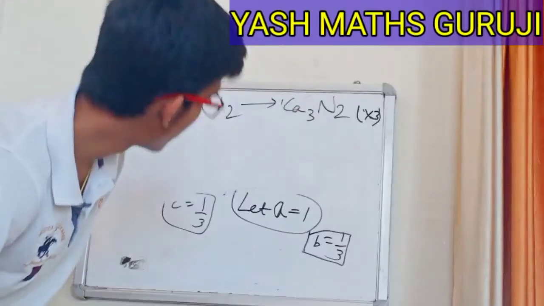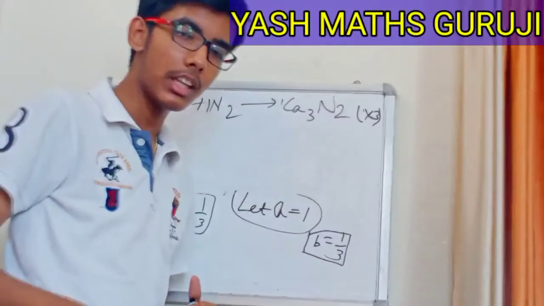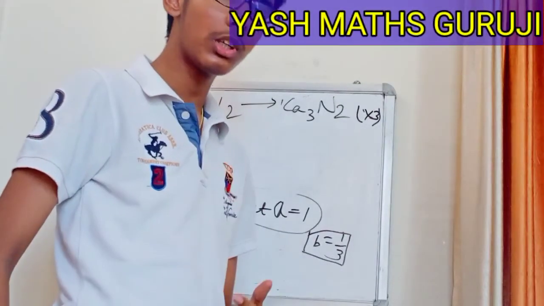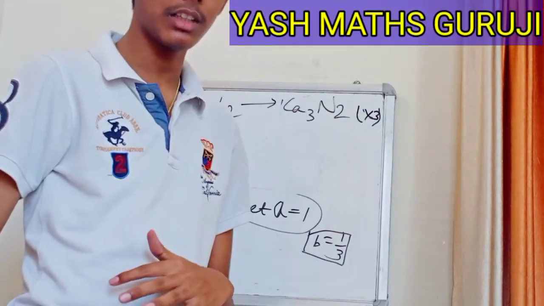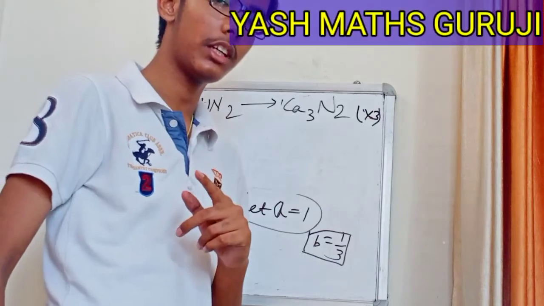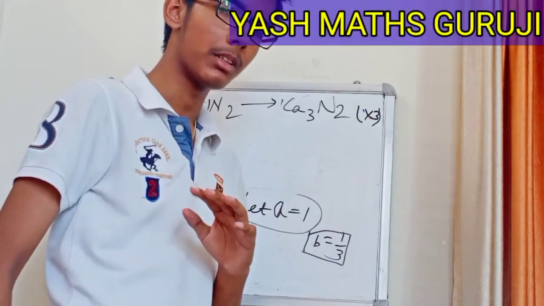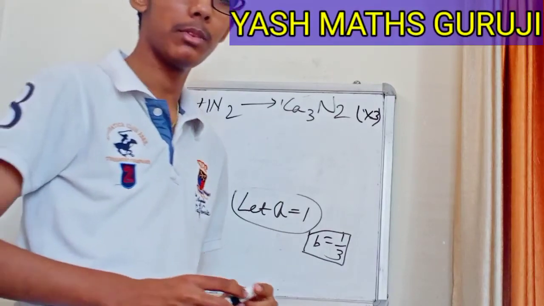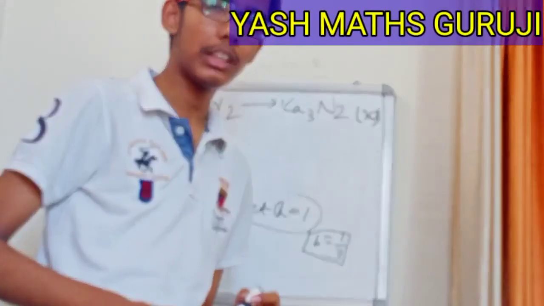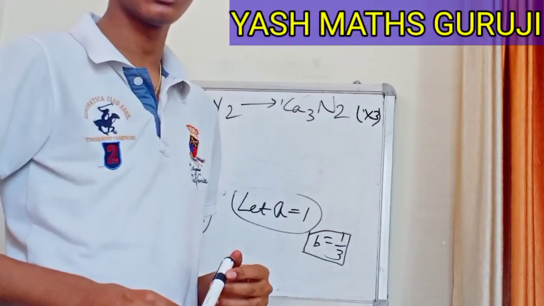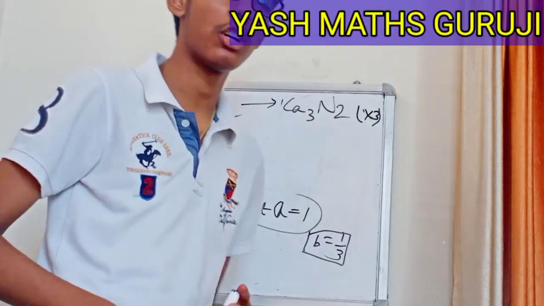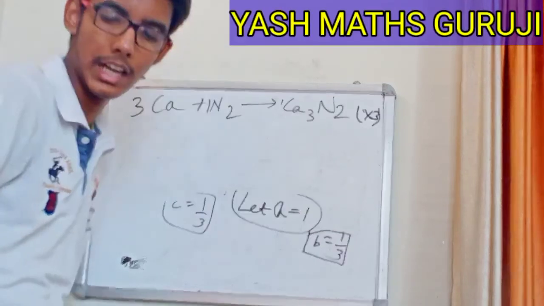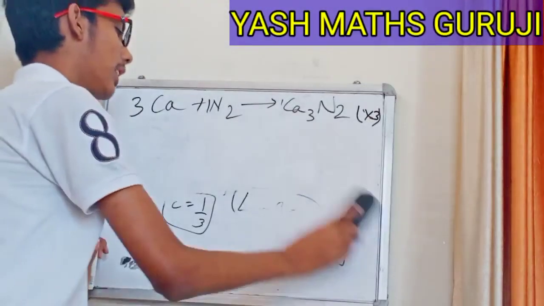So friends, this is very easy, and if you try this 2-3 times by yourself, I'm sure that you will solve it within 10 seconds. I am explaining, that's why it is taking a lot of time, but if you solve it yourselves, I'm sure you will crack it and balance in just 5 seconds.